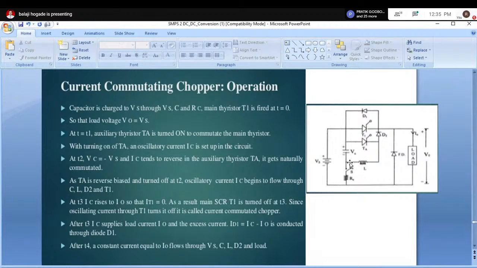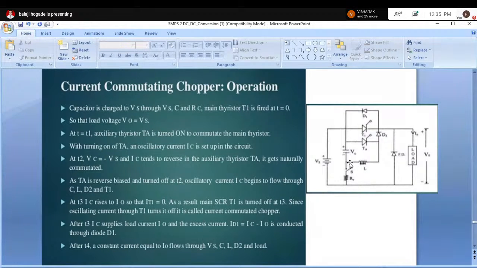At t equal to T3, the capacitor current rises to the load current. That means the two currents flowing through the main thyristor are equal in magnitude and opposite in direction.